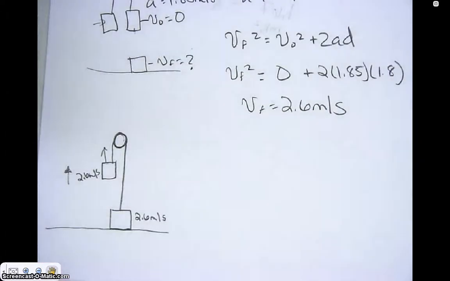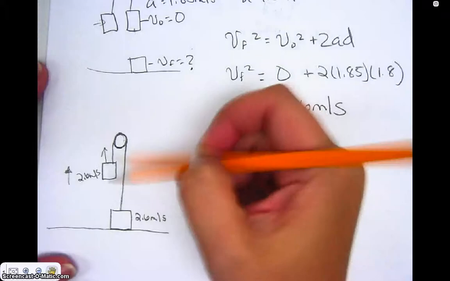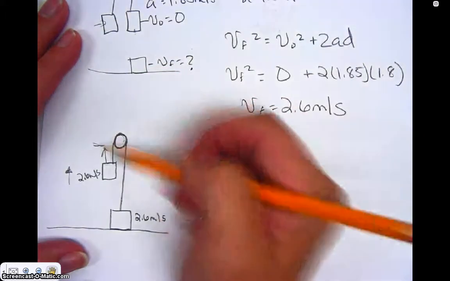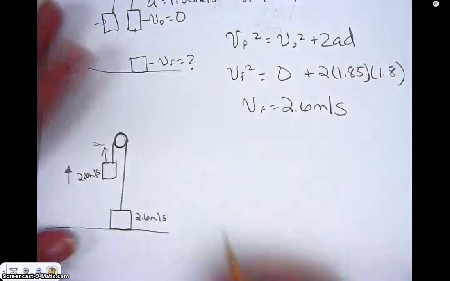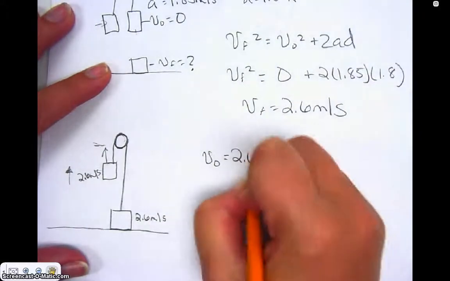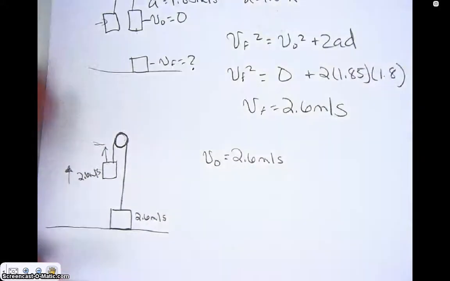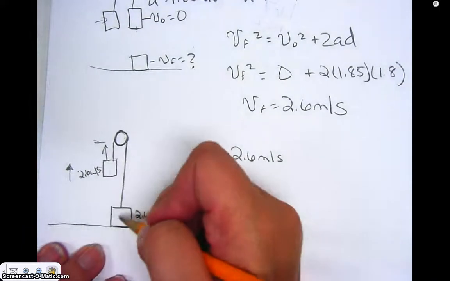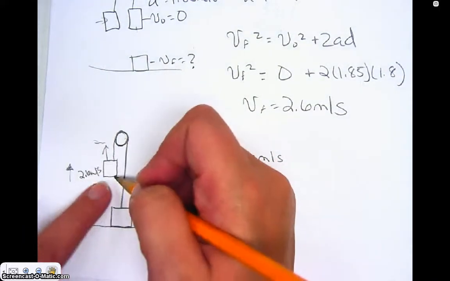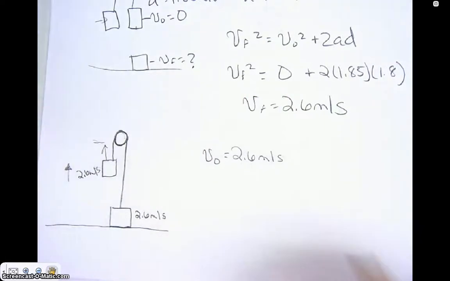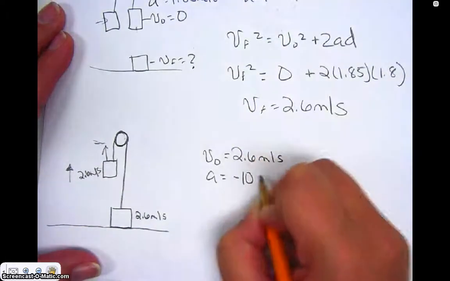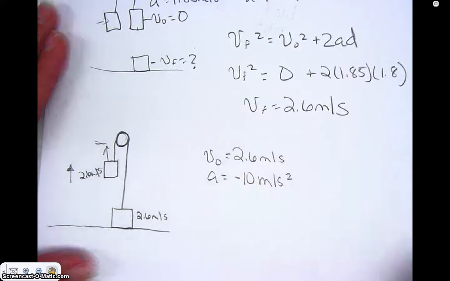So the question is, what is the maximum height this one reaches? How high is it going to jump? We know it has an initial velocity of 2.6 meters per second. Once the system is no longer accelerating because of this weight, it's just flying through the air, and there are no forces other than gravity, so it's decelerating at the rate of gravity.